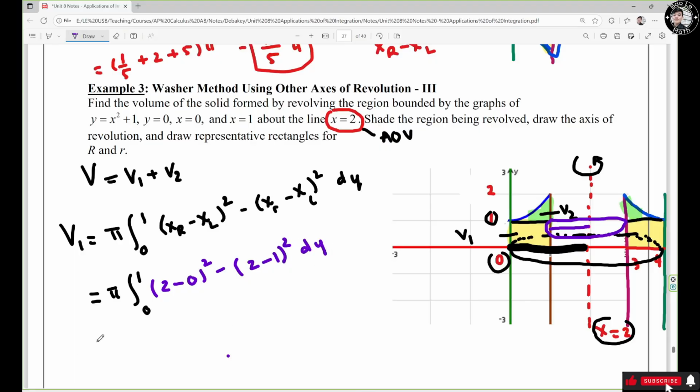And it's going to be pi times the integral from 0 to 1, 2 square equals 4, 4 minus 1 is going to be 3, so it could be 3 dy. And it's going to be 3 pi times y evaluated from 0 to 1. It's going to be 3 pi. So V1 equals 3 pi.